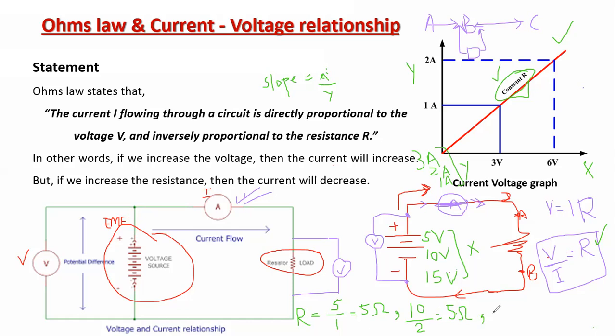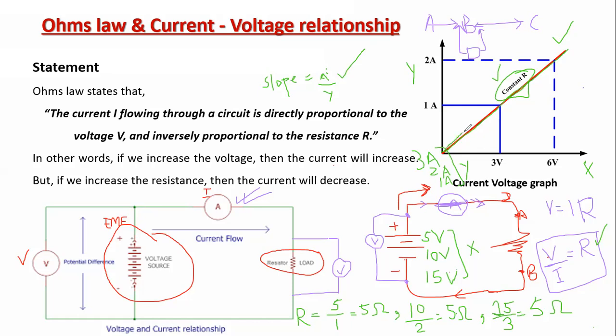Then the third case, that is 15 volts. The current you have measured is, let's say, 3 amperes. So you will have the same resistance after all of these measurements. That is why you are having a straight line graph, due to the constant R, which shows you a linear slope.